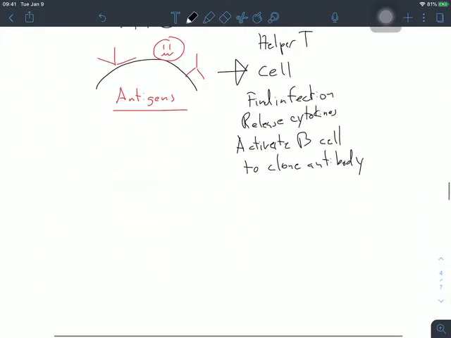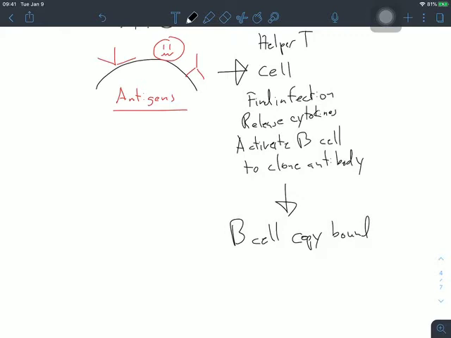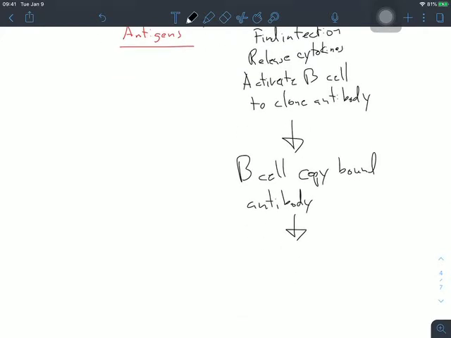Now, when your helper T cell finds that infection, the B cells will begin to clone antibodies, and the B cells copy themselves clonally. And they begin to ramp up your immune response and communicate to identify the infected cells, so that way these cytotoxic T cells can do the killing.